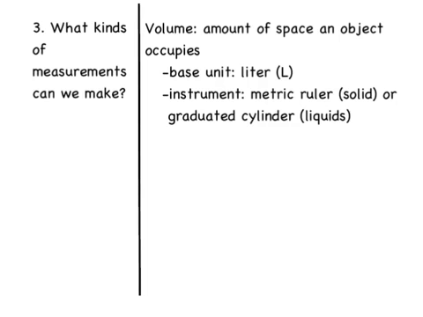Basically it's a tall tube that you can pour liquids or powders into, and it's got little tick marks to measure things. So those are the two instruments, and depending on the different kinds of objects we have, we can either use the ruler or we can use the graduated cylinder.